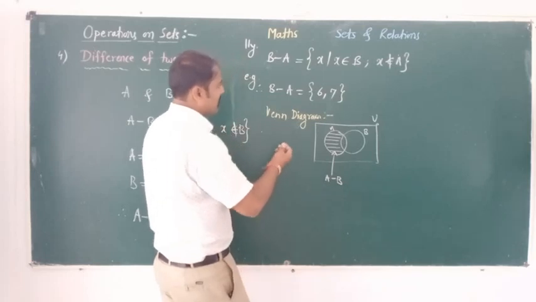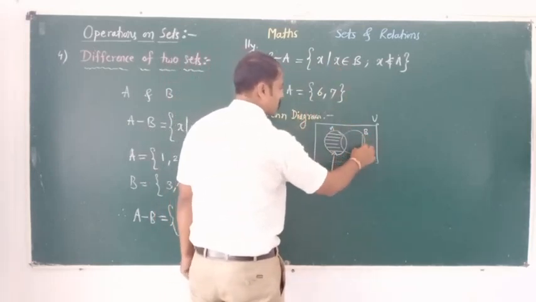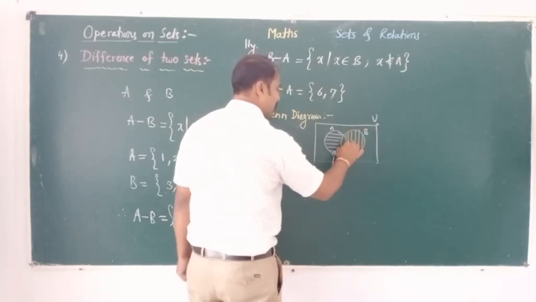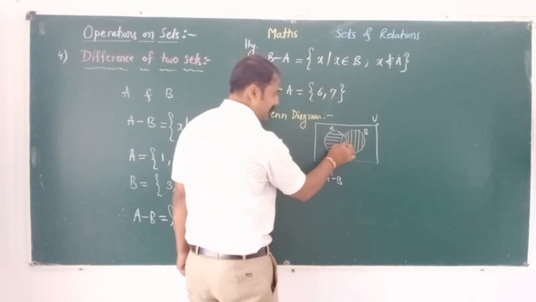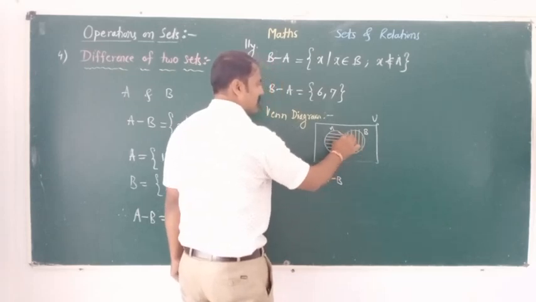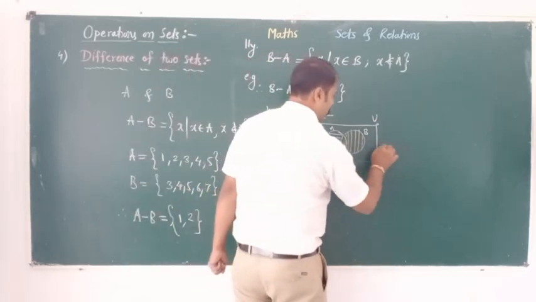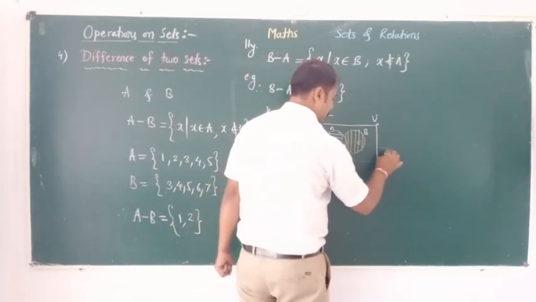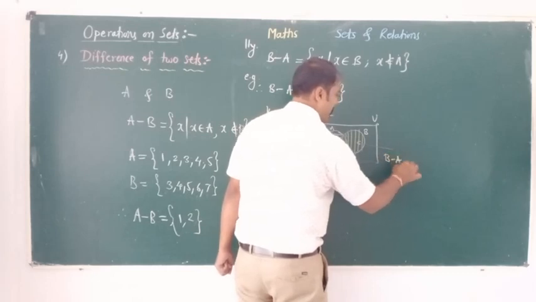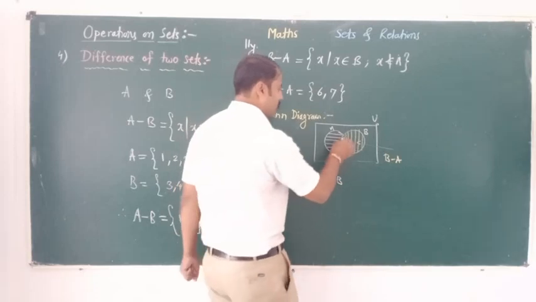B minus A is nothing but the elements of B. By the Venn diagram, these are elements in B, but these elements are in A, so we can't take them. So this portion of vertical lines represents the set B minus A.